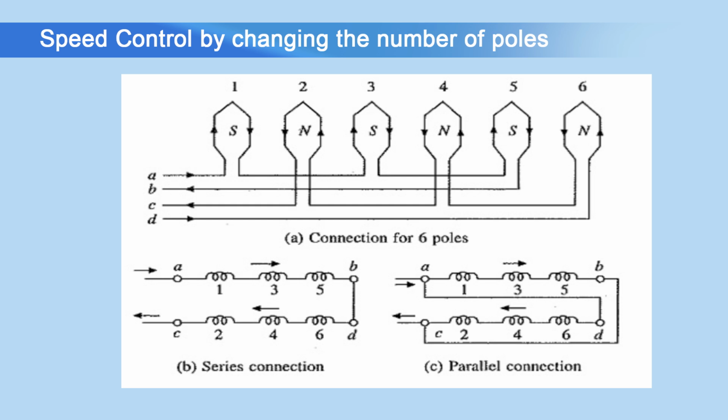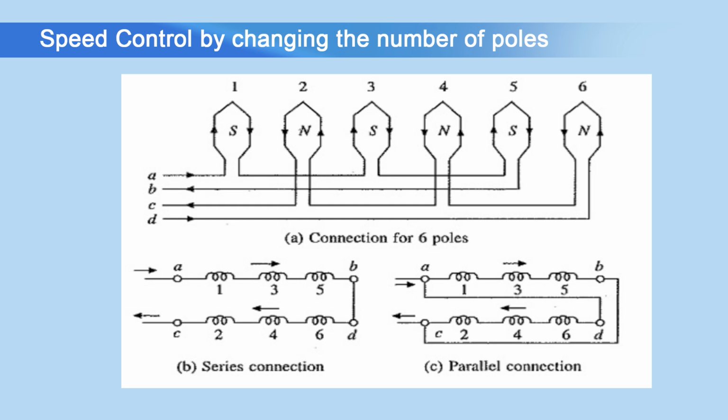Direction of current in first set, it is from A to B. Direction of flow of current in second set from D to C. The series and parallel connection, it is given here. So, in series connection, just see B and D point are short circuited.